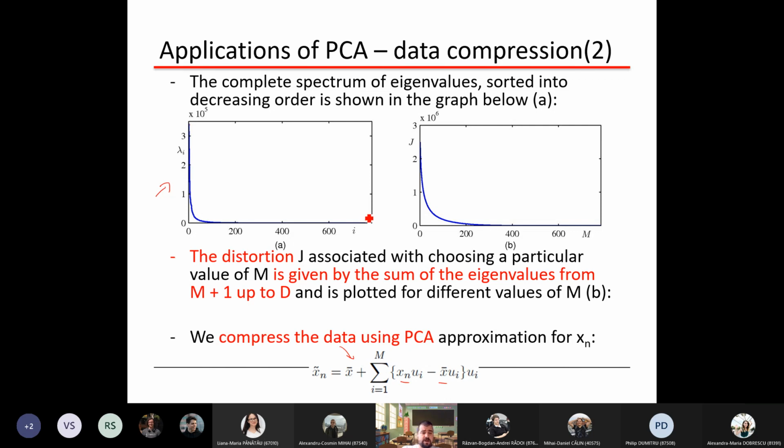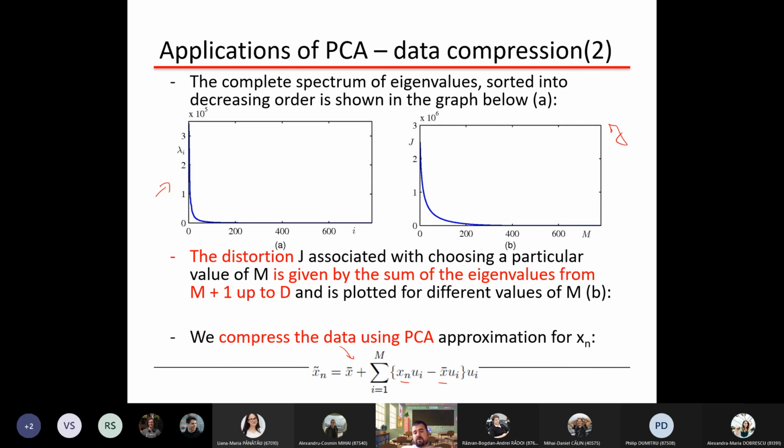And if we have these eigenvalues, we can plot the value of J, the distortion that we are interested in minimizing, because since we are doing lossy data compression, we would like to lose as little information as possible. So there will be a threshold. The more eigenvalues, or eigenvectors, I keep, the less information I will lose, so the less lossy the compression will be.